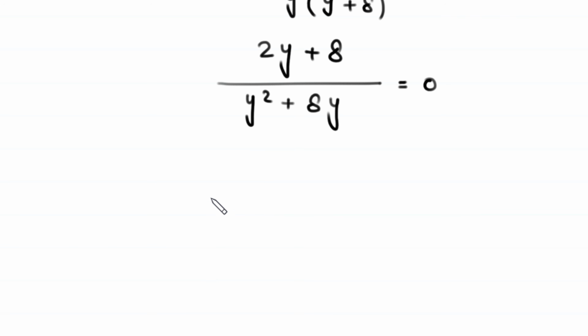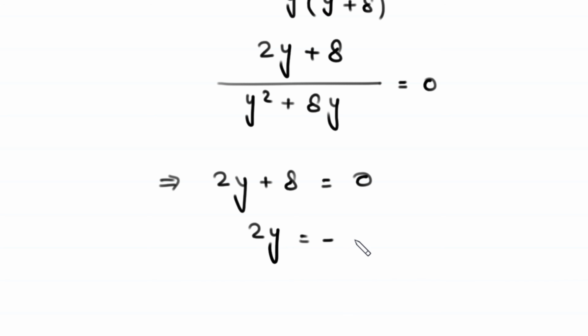If we multiply both sides by this denominator y squared plus 8y, this implies that 2y plus 8 equal to 0. Move this 8 to the right hand side, this will become 2y equal to negative 8. If we divide both sides by 2, this implies that y is equal to negative 4.